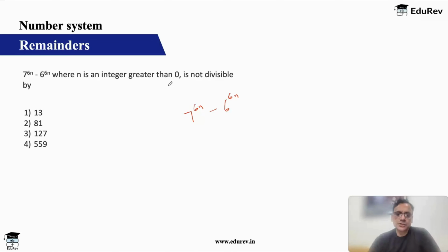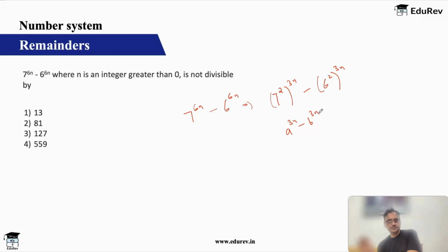This can be written as 7 square to the power 3n minus 6 square to the power 3n. So basically this is a to the power 3n minus b to the power 3n.